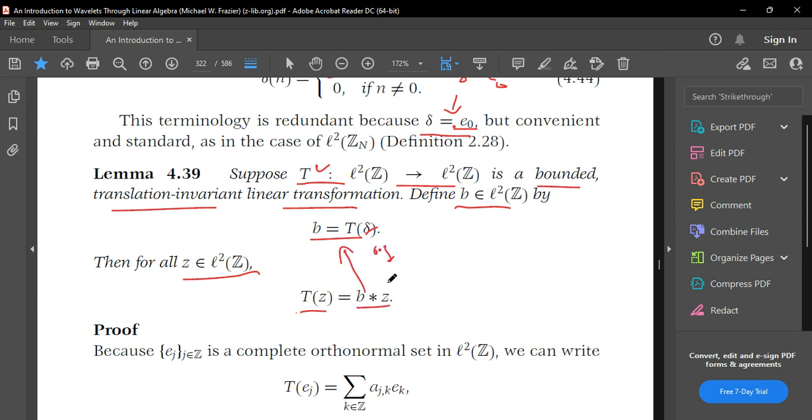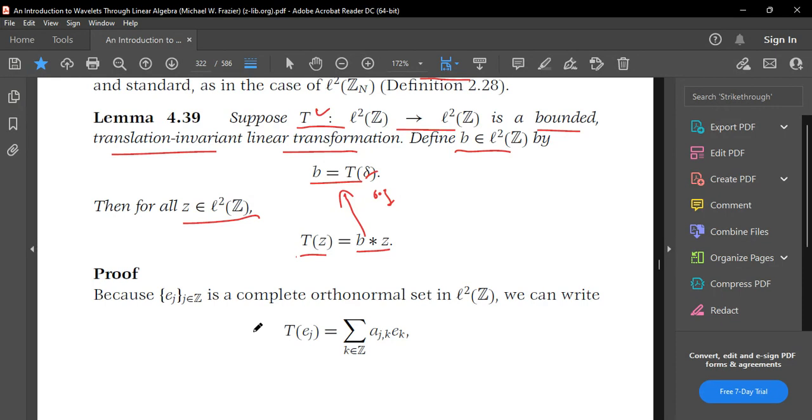We will write it like this because Ej is a complete orthonormal set in L2 of Z, and we have earlier seen that every element z belonging to L2 of Z can be written as z equal to the summation of constants Ck Ek, k belonging to Z, because Ek are the standard vectors 1 0 0, 0 1 0, and so on.